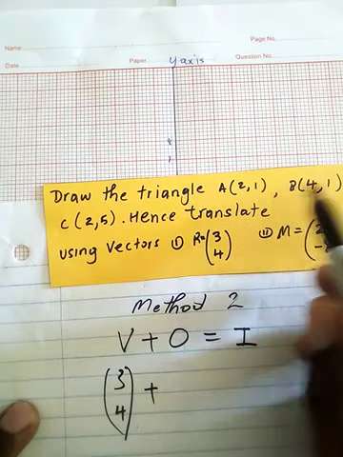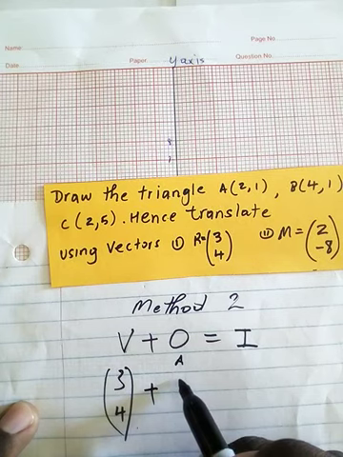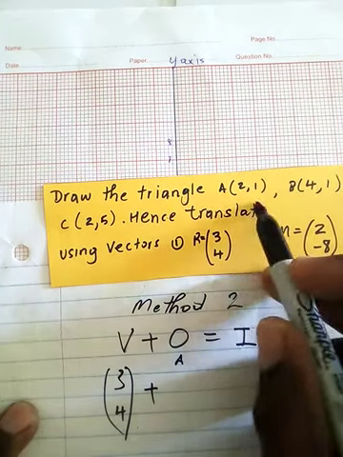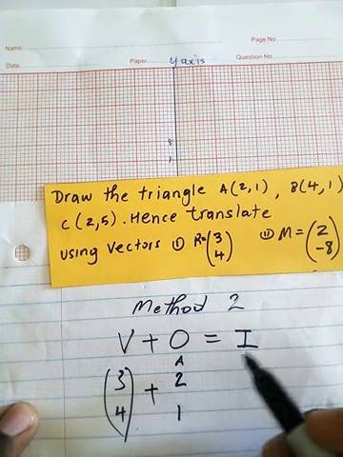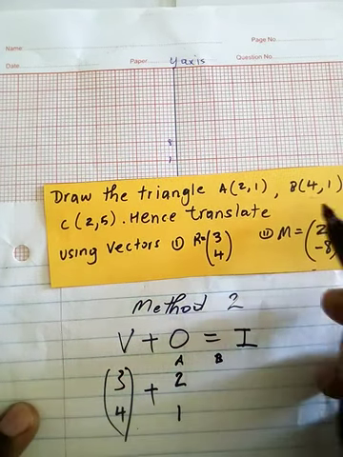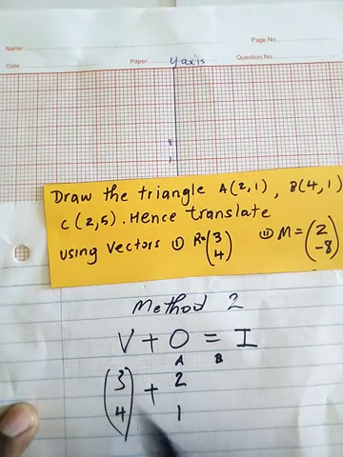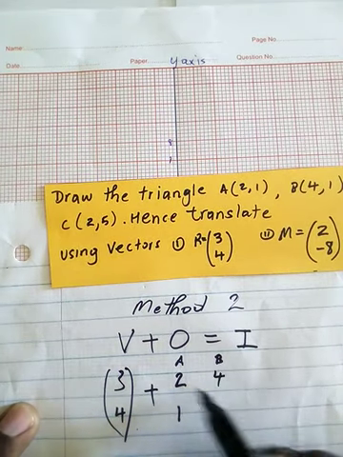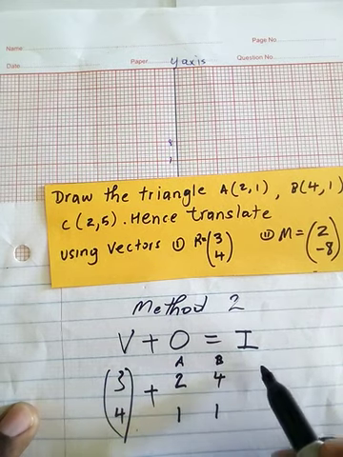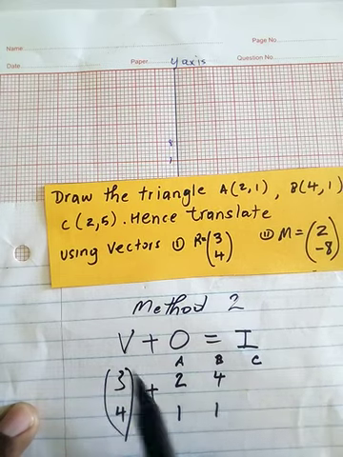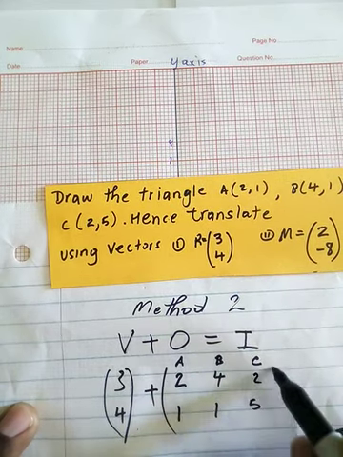We write the coordinates in column vector form, just like the vector, so the x comes first and the y comes below. For A, (2, 1). For B, (4, 3), where x always goes at the top. And for C, (2, 5). Put all of them in brackets.